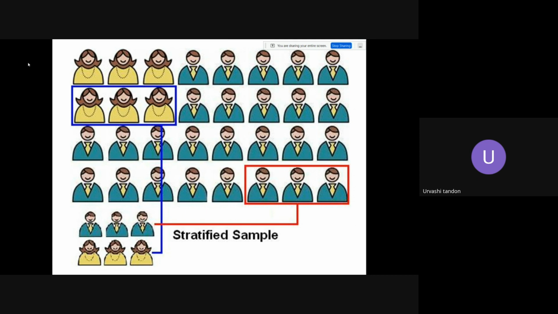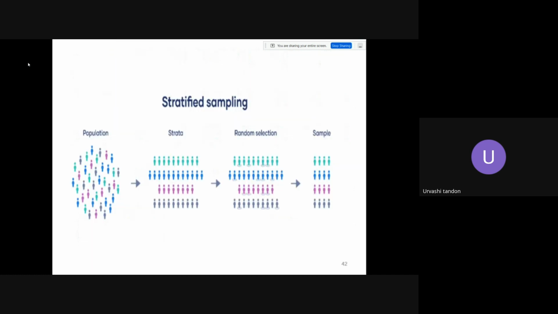So these are the strata, right? Stratified sampling. Let's say there are two strata, one with the yellow dress, another with the blue dress, and from there you pick up randomly, right? Again, this is a very simple example. If you can see, let's say the population has individuals with four colors, one, two, three, four.